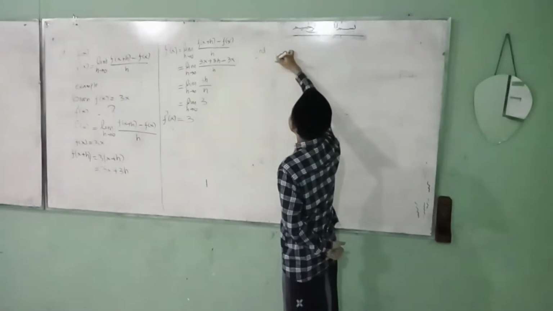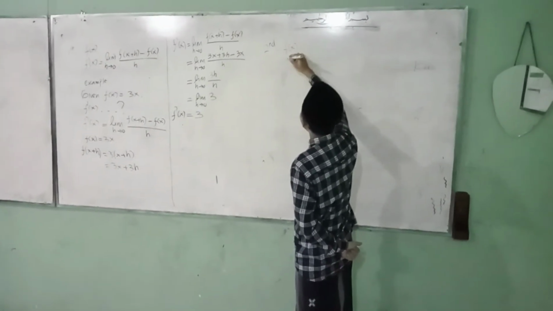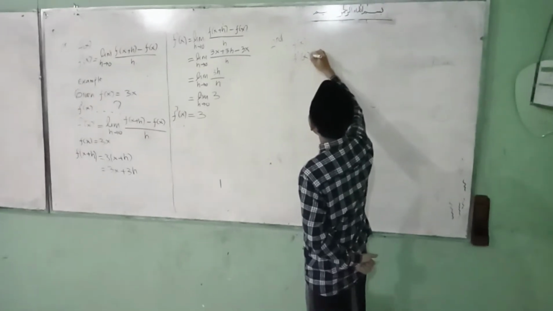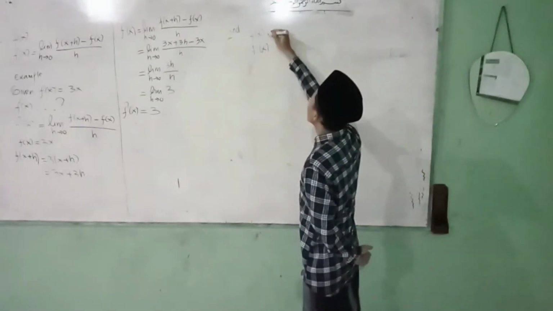And then the second way, we can use this theorem. Suppose we have the function f of x, and then we have the derivative function f prime of x.